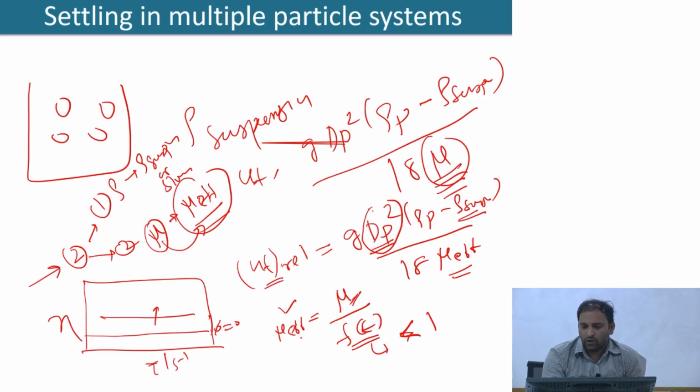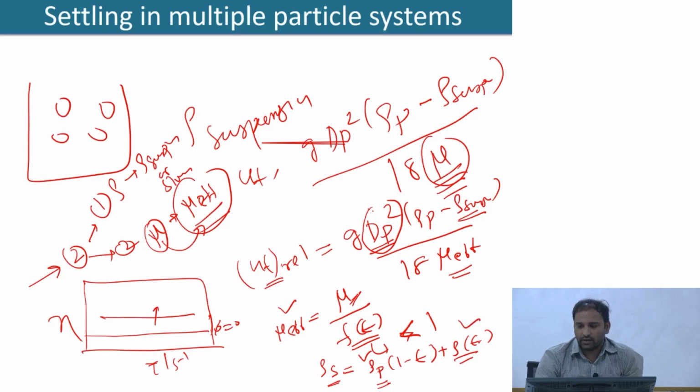And your rho of suspension, I can write as rho of the particle into 1 minus epsilon plus rho of the fluid into epsilon. Again, a similar formalism: the density of the dispersion is basically some kind of average of the contribution that comes from the particle and the contribution that comes from the fluid.